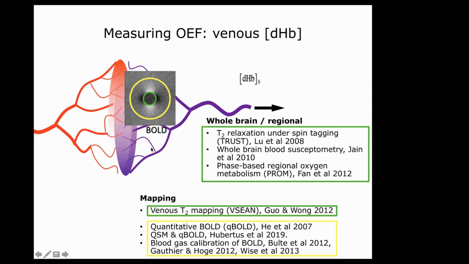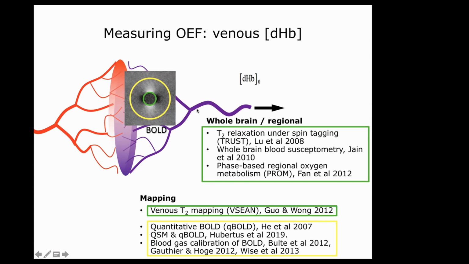We're talking today specifically about mapping, so we want to try and get some spatial discrimination of our oxygen extraction fraction measurements. But probably most important in the literature so far have been the whole brain or regional approaches, particularly TRUST, T2-based methods looking at large blood vessels.